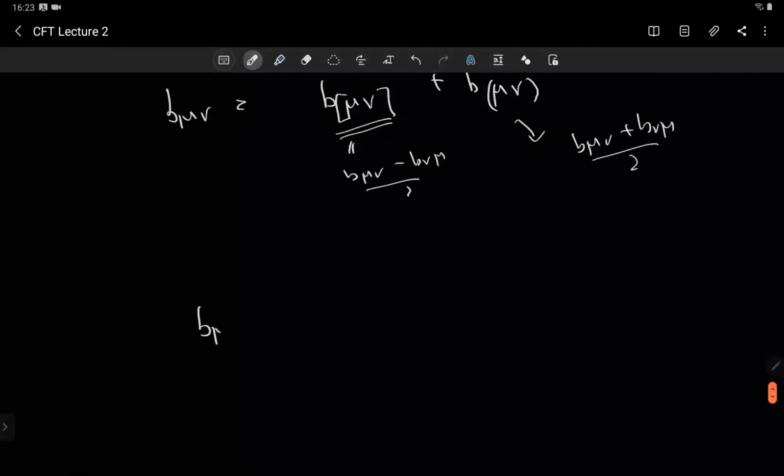The B mu nu matrix we will write as M mu nu. So M mu nu is the antisymmetric part, or omega mu nu actually. We will write it as omega mu nu. So omega mu nu is the antisymmetric part, and there is no restriction on omega mu nu. Plus eta mu nu times some constant which we'll call B. What is B?